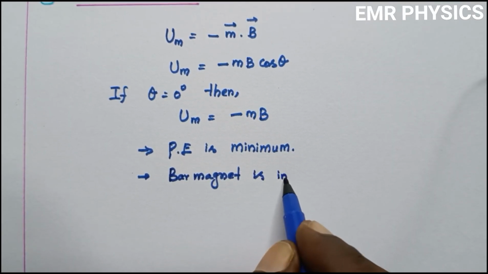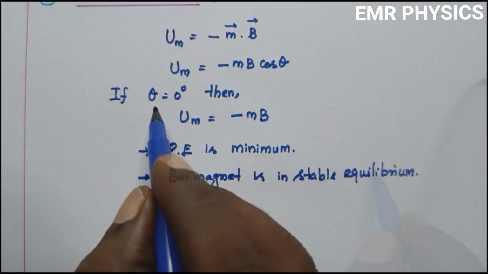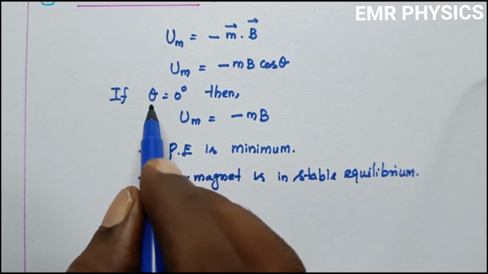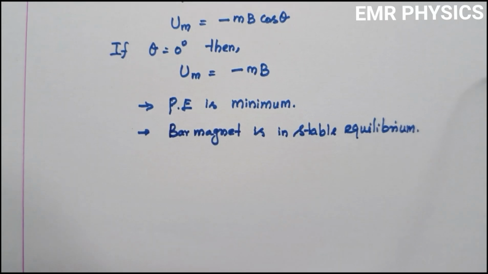Here, theta is the angle between m and b. Theta equal to 0 means m and b are parallel.